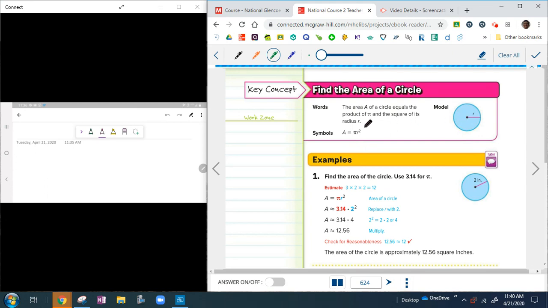There's a specific formula to use. In this key concept here, we have this special formula. Now notice there's not another formula with a D in it. This formula, you can only use R. So if a diameter is given, then you'll have to cut it in half or divide it by 2 so you can use the number in this formula.